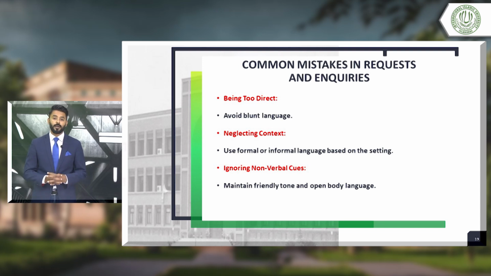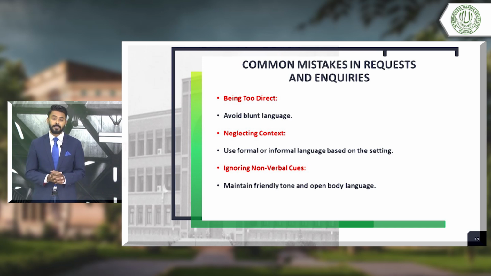Then the third point, which is very important, I said it in the beginning as well, is that most people ignore the importance of non-verbal cues. So you must focus on your own. While you are requesting, while you are inquiring, you should be aware that your body language, your eye contact, and your hand movement make a lot of difference.